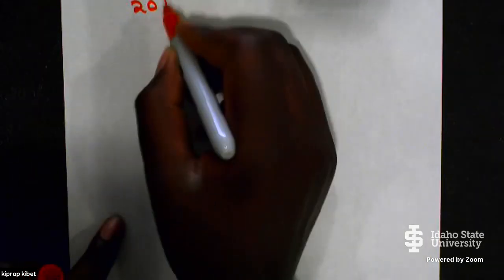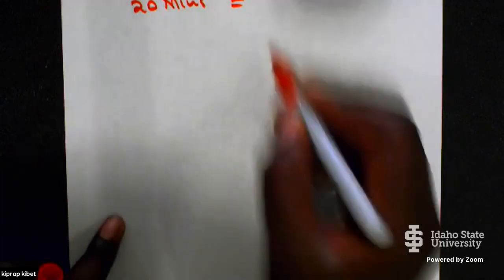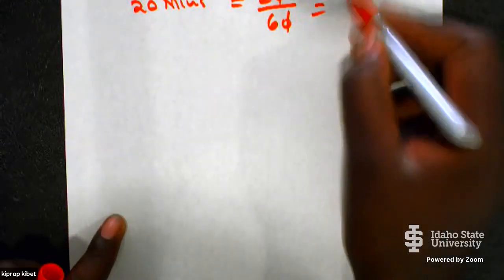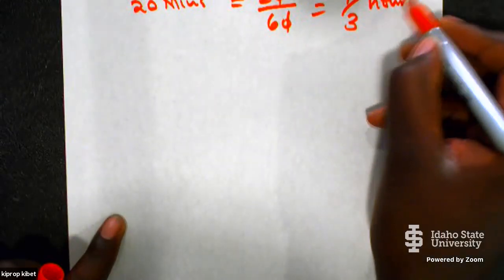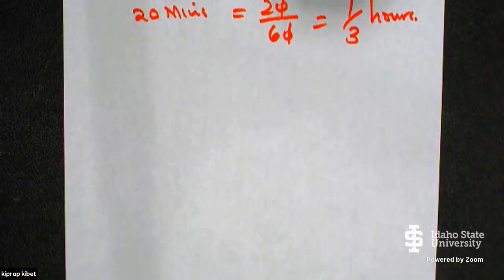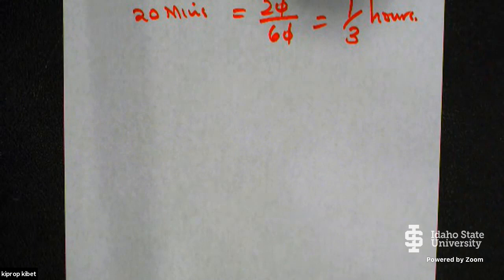First of all, you change the minutes to hours. 20 minutes is how many hours? 20 over 60, right? So it's 1/3 hours. You change the units, and make sure you have the same units.